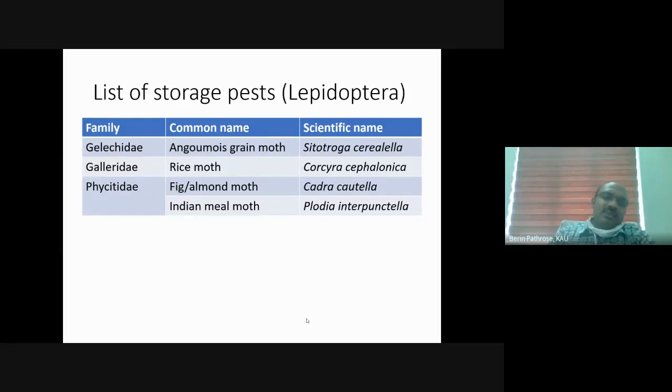Then we have the next one that is pretty familiar to you, Corcyra cephalonica, rice moth, belonging to the family Galleriidae. So how did you come to know about Corcyra or rice moth? Where have you studied rice moth, Corcyra?